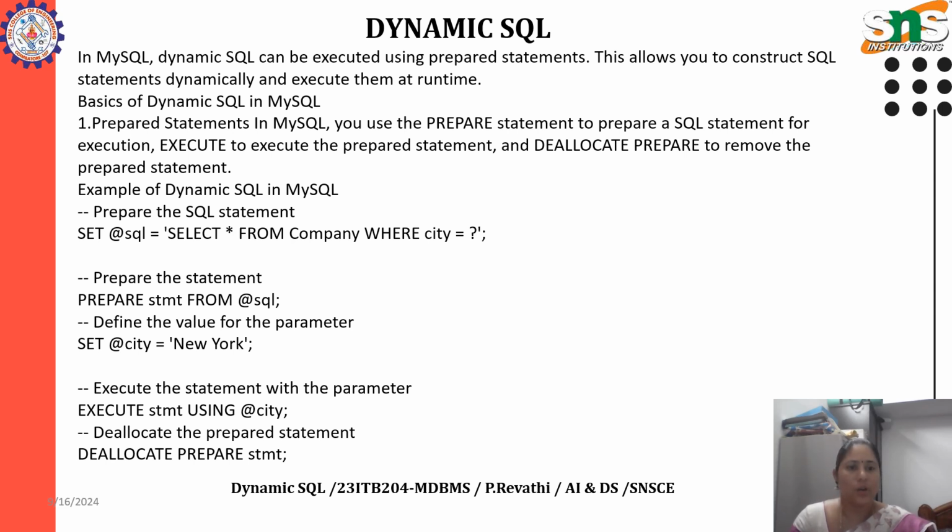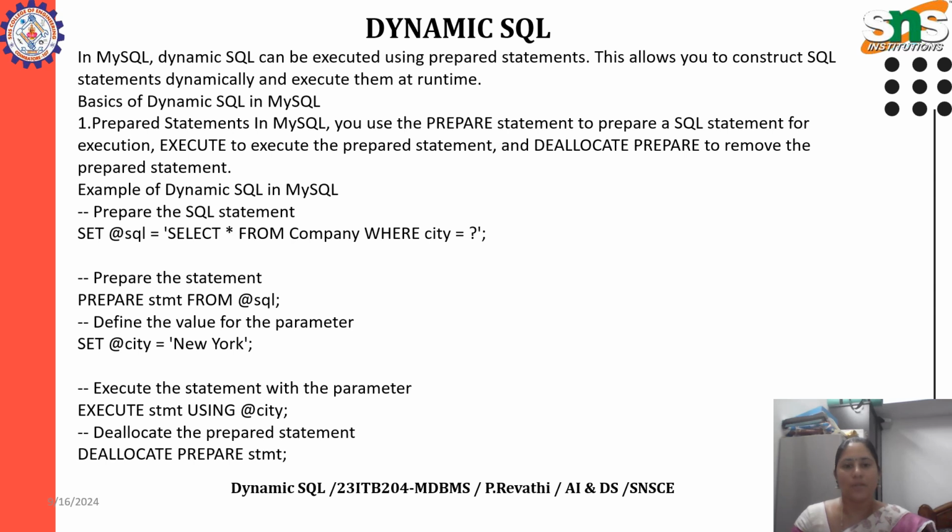SET @sql = 'SELECT * FROM company WHERE city = ?'. This is preparing the SQL statement. Then prepare the statement: PREPARE stmt FROM @sql. Then you have to define the value for the parameter: SET @city = 'New York'.